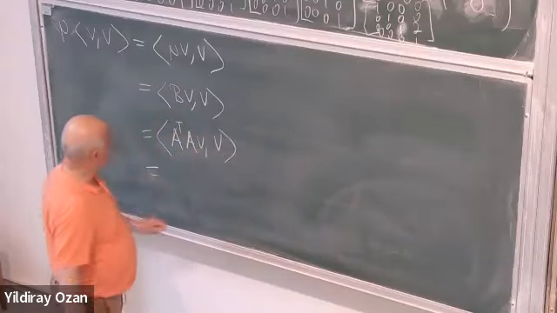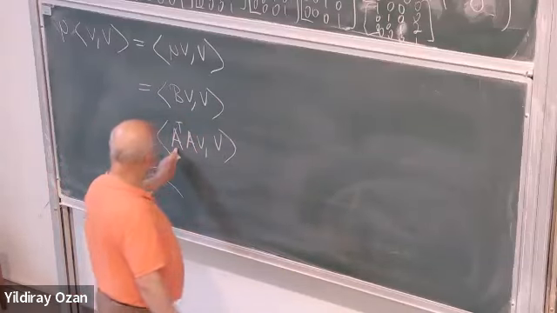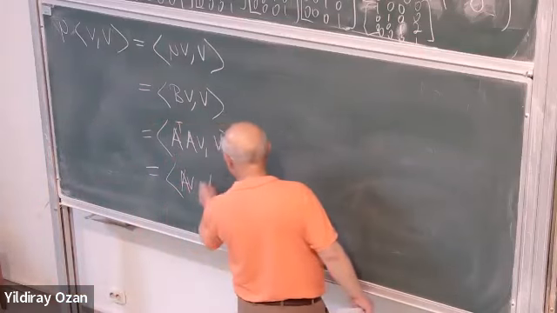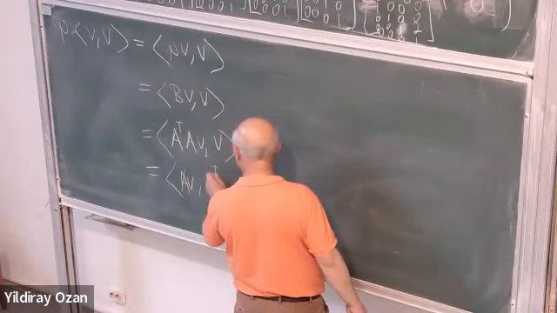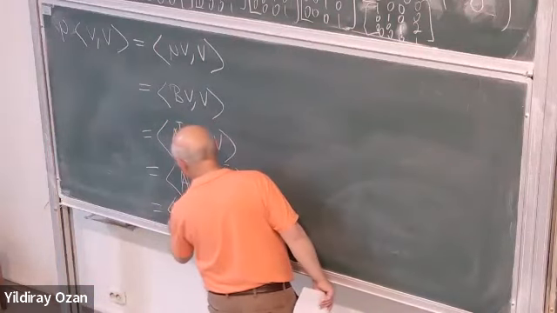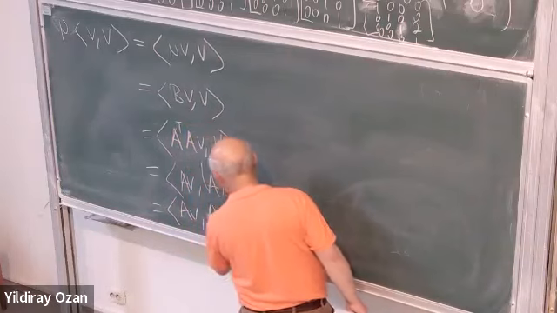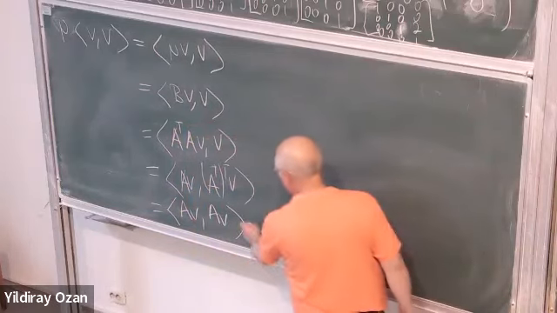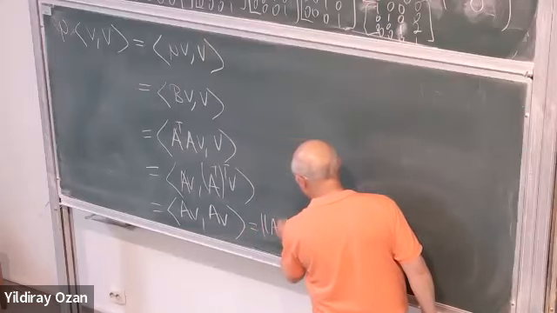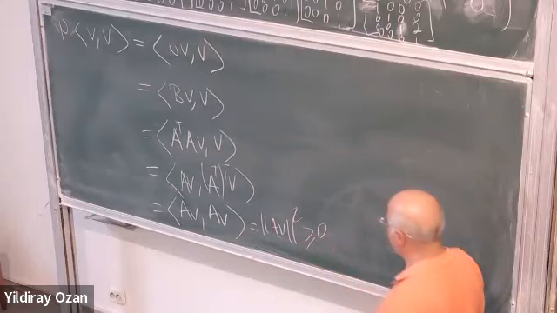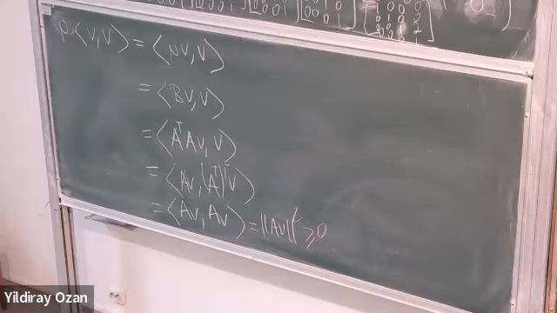And this goes to the other side as its transpose, so this is A B transpose A B. But you see, this is just norm of A B squared, so it is always non-negative.